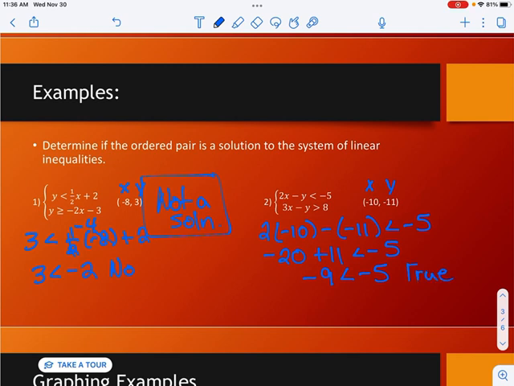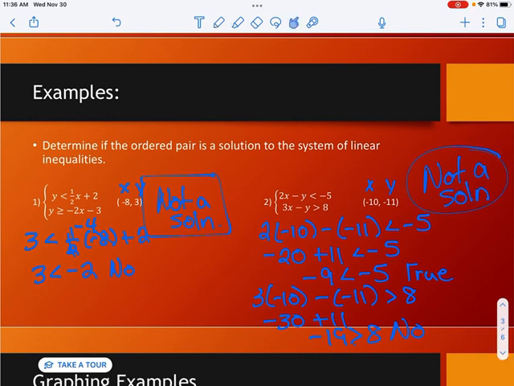Now we try the next one. 3 times -10 minus -11. And we want to know, is that greater than 8? So that's -30 plus 11, which gives me -19, greater than 8. That is false. That's a no. So this is not a solution.